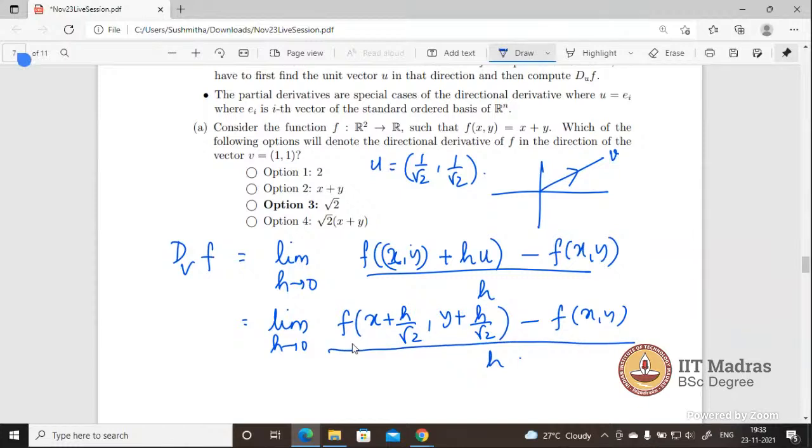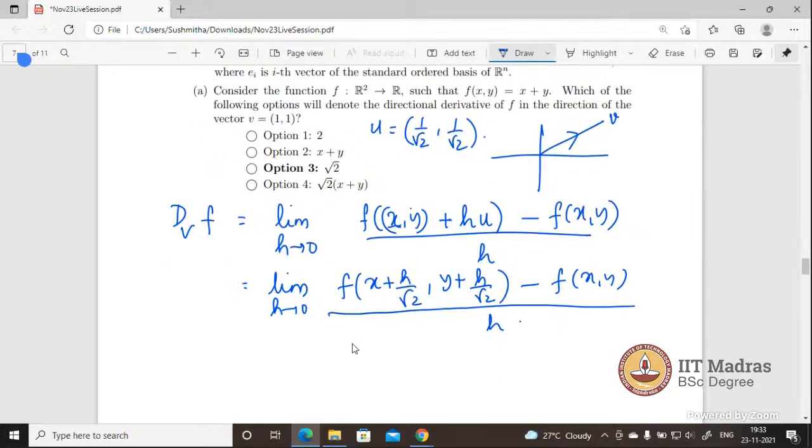Because both are varying, right? Only along the x-axis and y-axis, one of the variables will vary. Along any other direction, both the variables will vary, right?